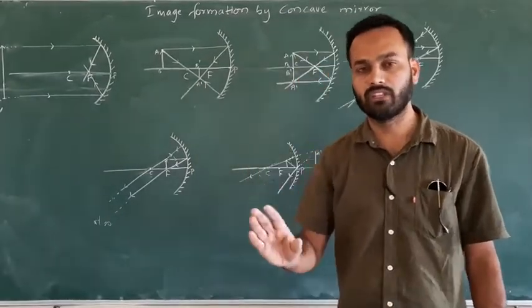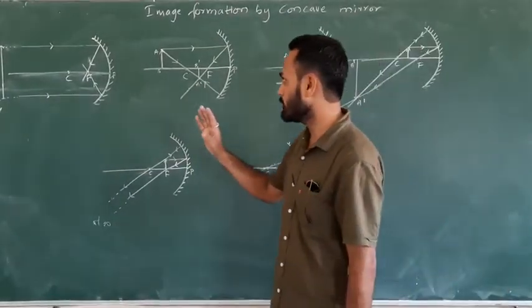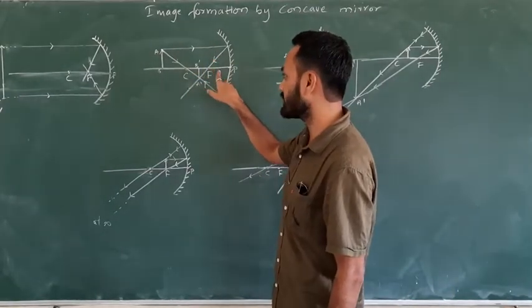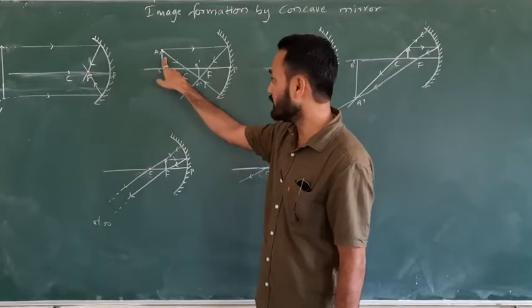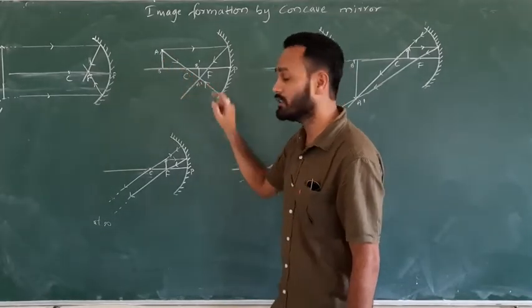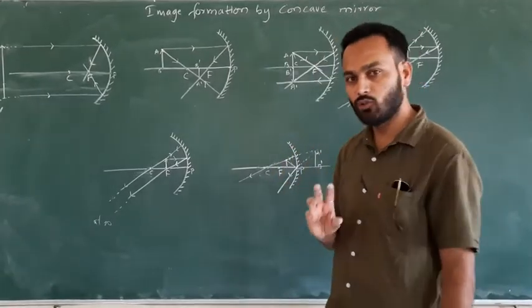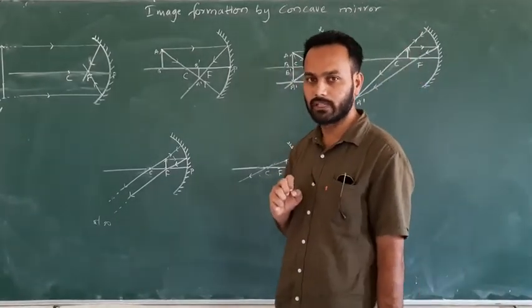Remember, when the object is placed beyond C, one ray of light will be parallel to the principal axis and another ray of light will be passing through the center of curvature. And you know very well what is going to happen with them.